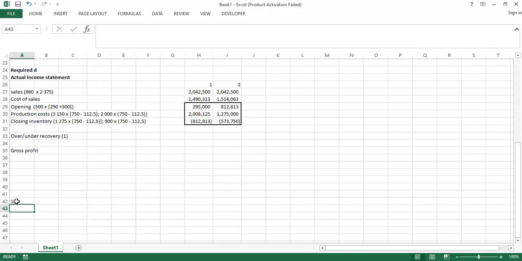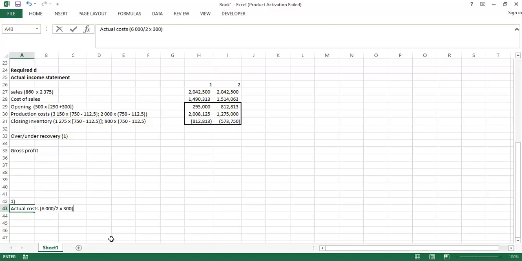right, we are dealing with the over and under recovery. Right, so let's say actual cost. So what were our actual costs? Because production is even throughout the year, we assume it's 6 months, so it's gonna be 6,000 divided by 2, right, to give us that 3,000. Right, so the production costs are given as 300.